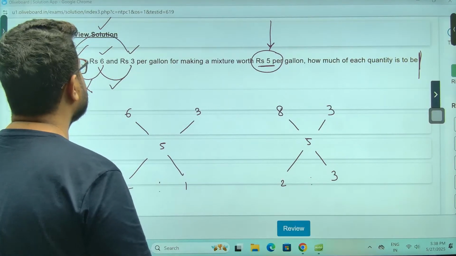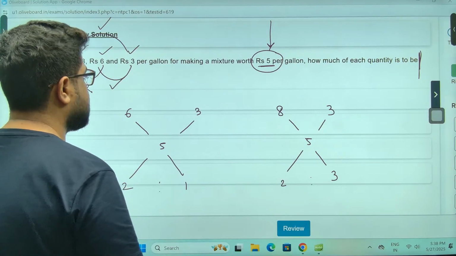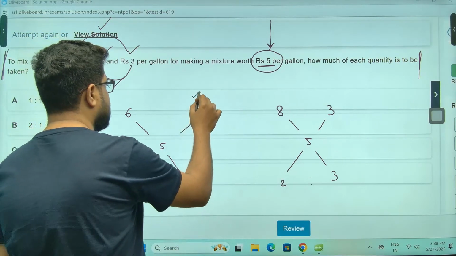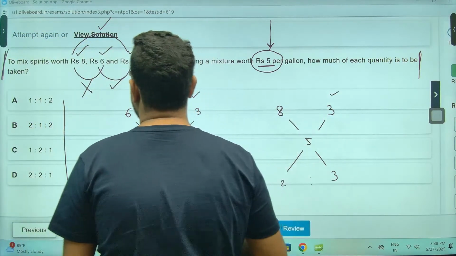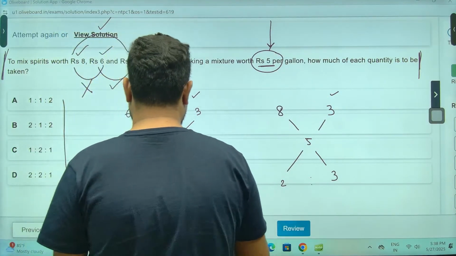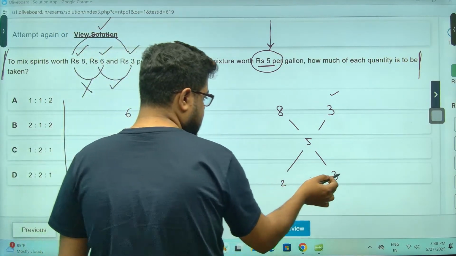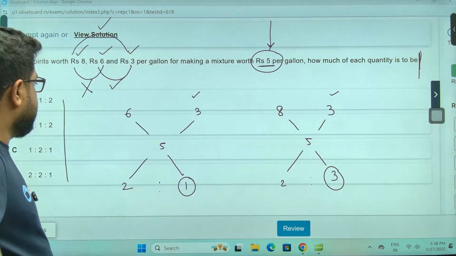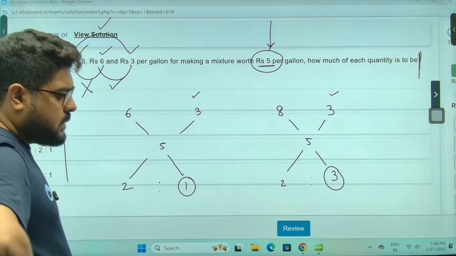One second. Okay sir, common is this 3, right? This 3 is common. Okay sir. So this is 1, this is 3. Just a second.